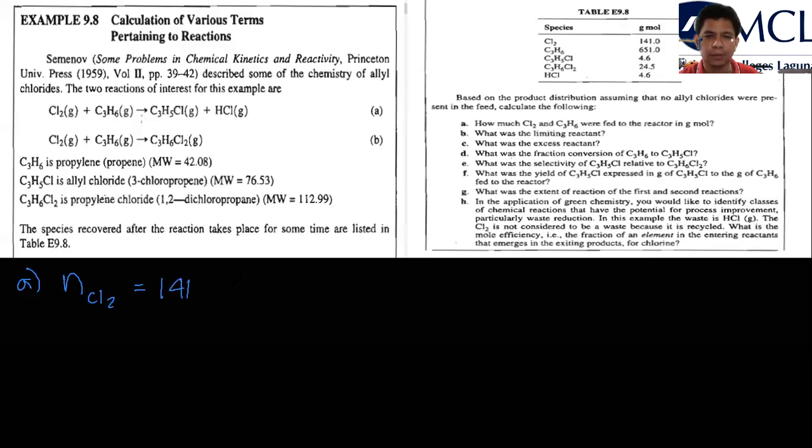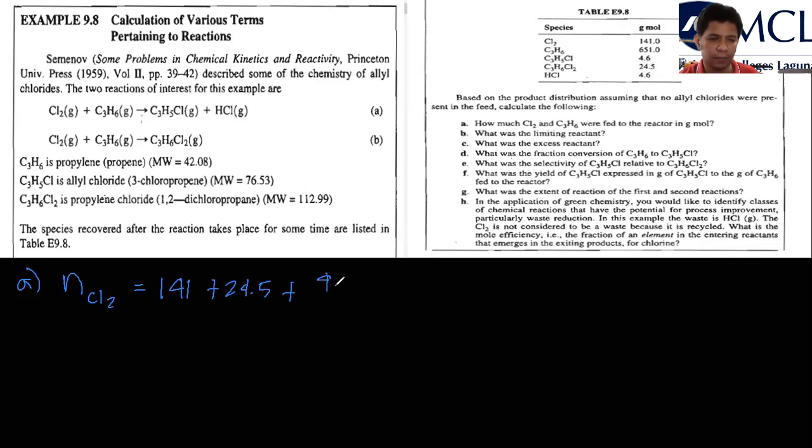And then 24.5. And then we have 4.6 for HCl. So we need to divide this by 2 because HCl contains only 1 Cl. And another 4.6 divided by 2 for allyl chloride, since allyl chloride contains only 1 chlorine atom. So we're going to get the sum of these three.